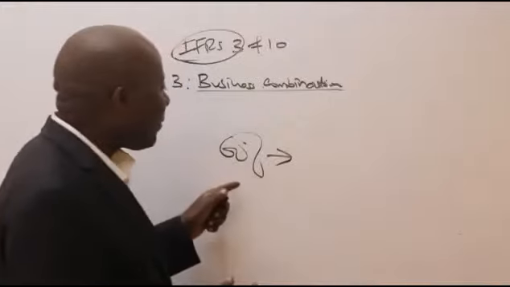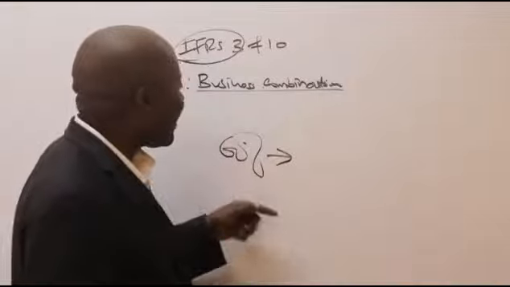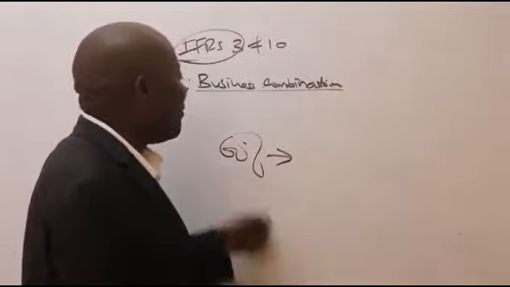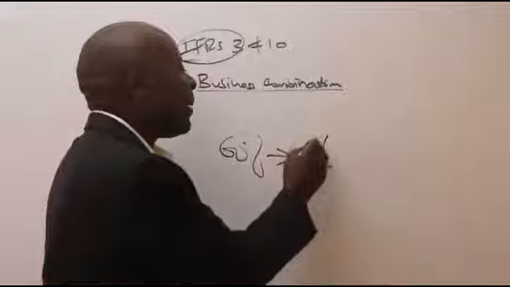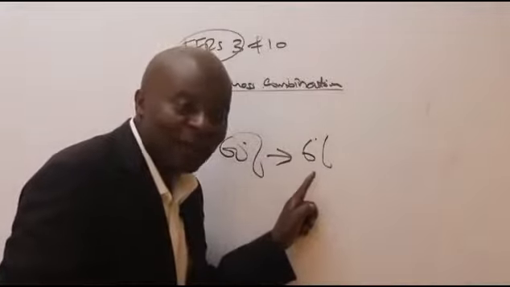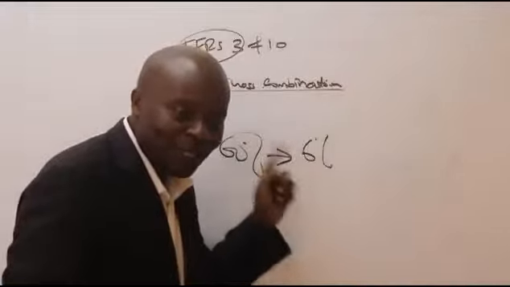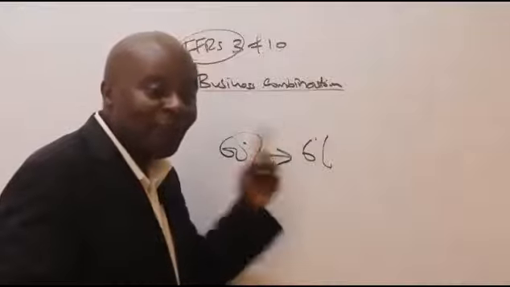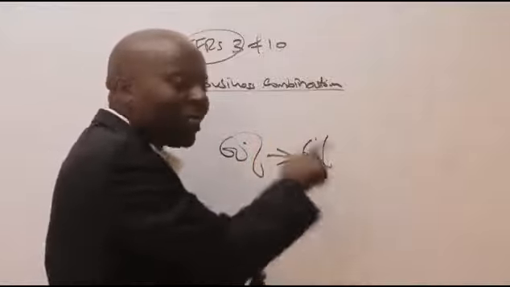So if this remaining 60% is distributed among just 10 shareholders, it means that each one of them will have a paltry 6%. So then who becomes the king? The one who had 40% is the one who will be calling the shots, because 40% is bigger in comparison to what the other shareholders have.